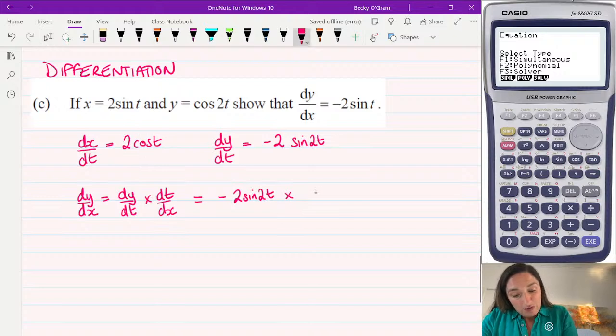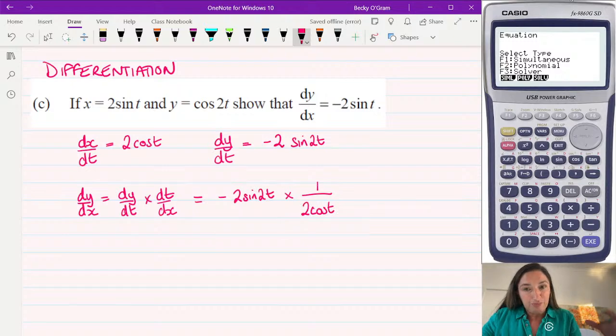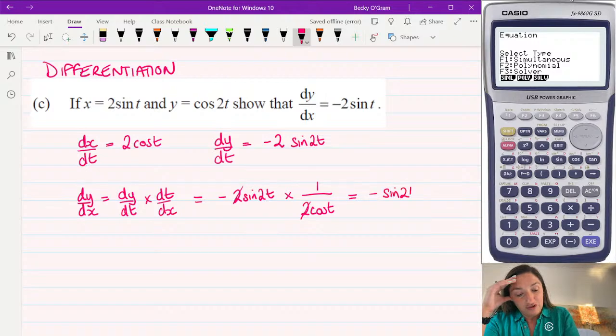So that will become 1 over 2 cos t. Now if we pop those together and try to simplify, those 2's can cancel out, and we will get minus sine 2t over cos t.